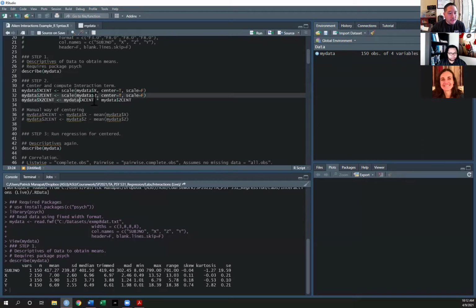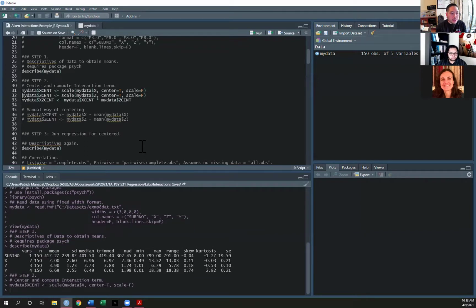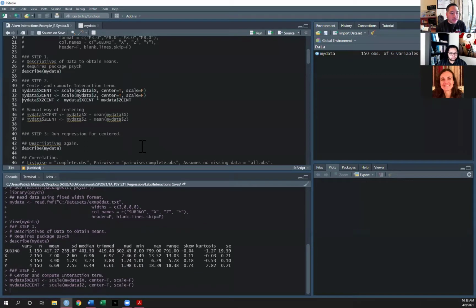We're going to do the same thing here for Z. And then to compute the centered interaction term, which I'm going to call xzcent, I'm going to multiply my newly created xcent variable by the newly created zcent variable. So we have x centered here, and then we have z centered here, and then we have the product of the 2 newly created centered variables.